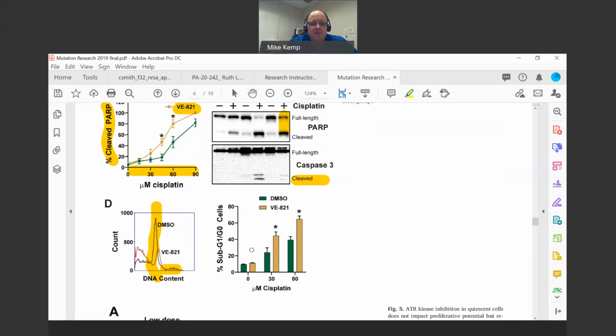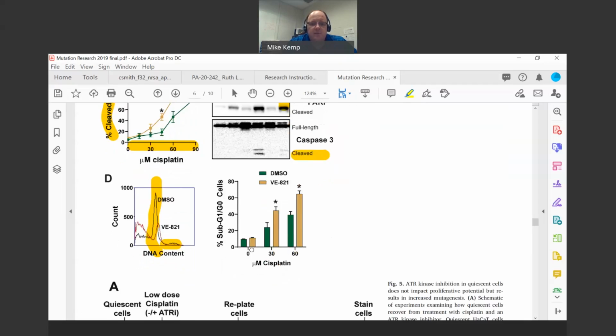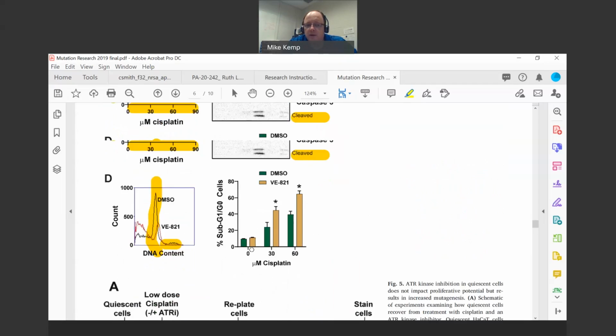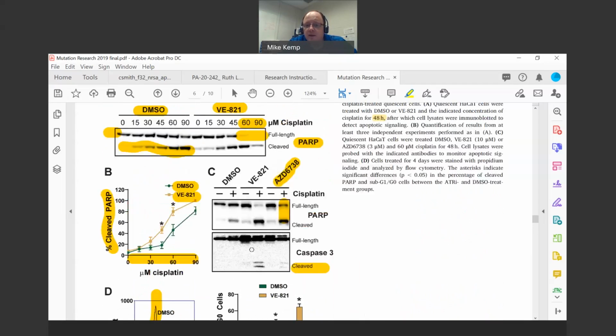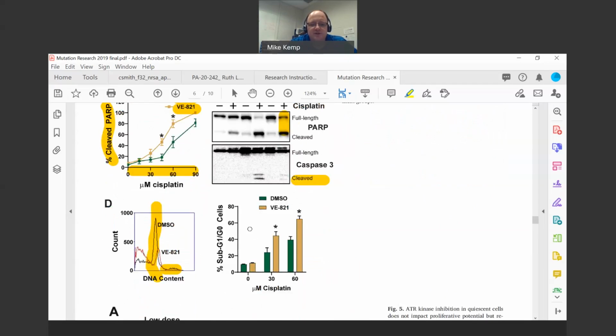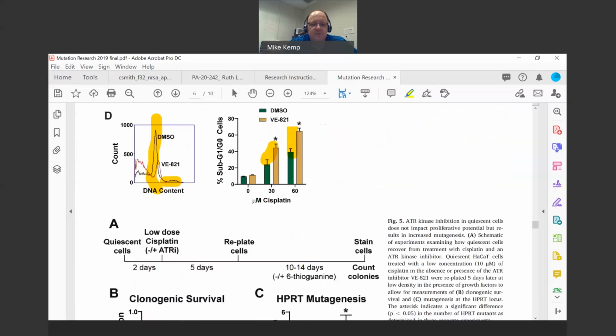And in D, we've quantified that, the percentage of cells in sub-G1, essentially quantifying the percentage of cells that are down here. And we can see that in the ATR inhibitor, we see more of that sub-G1 population.